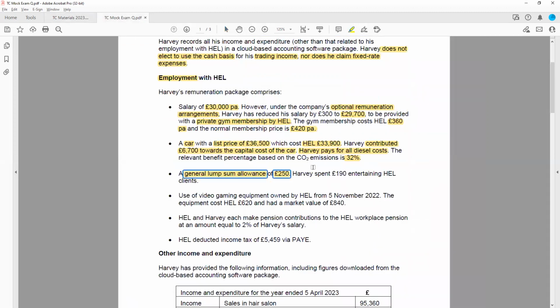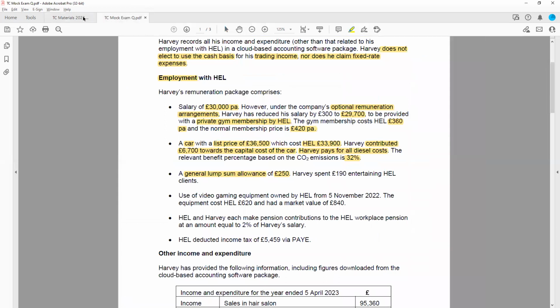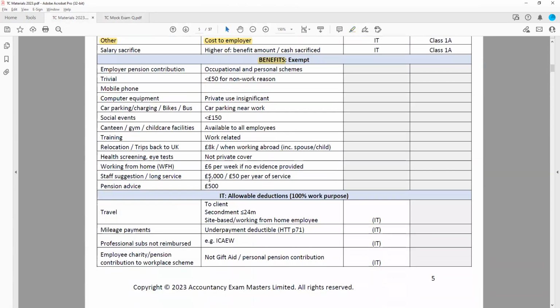Now the entertainment costs. So that's what Harvey's paid out. So he's received £250 from his employer, and he's then paid out £250. So we're thinking, Harvey's paid money out. Can he deduct that as an expense? Well, entertaining costs aren't an allowable expense.